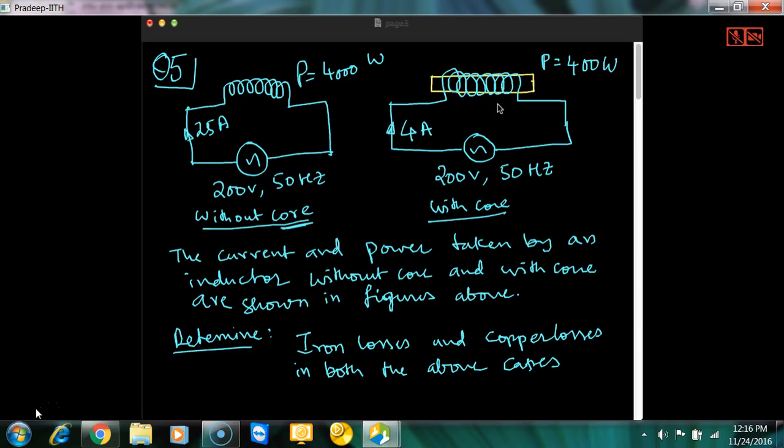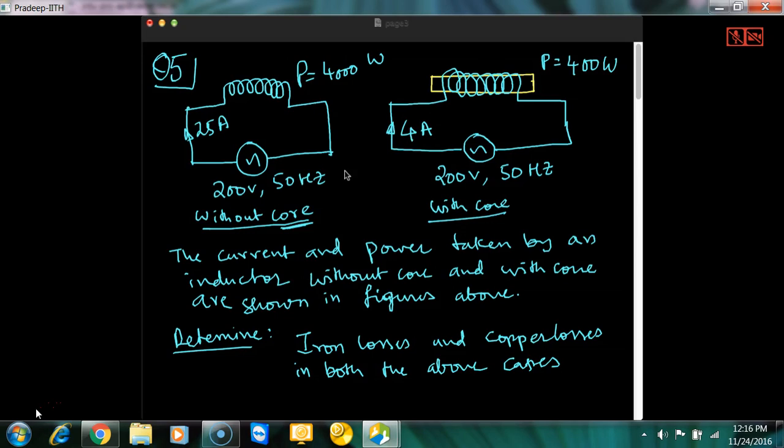That means the impedance of the coil is increasing. Therefore, impedance is increasing, current is reducing. Similarly, look at the power. The power in the first case is 4,000 watts, whereas the power in the second case is only 400 watts. So the power consumed also reduced because of the reduction in the current.